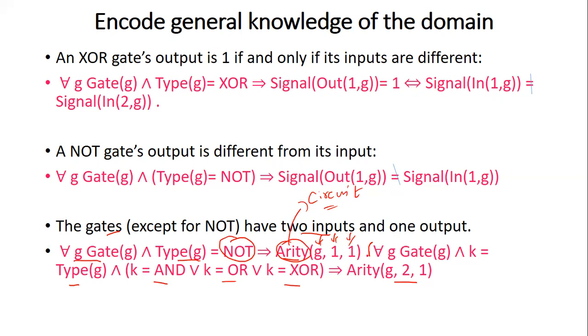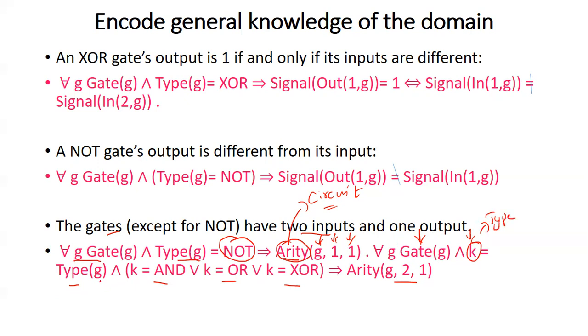Here we are only talking about gates, and K represents the type of the gate.